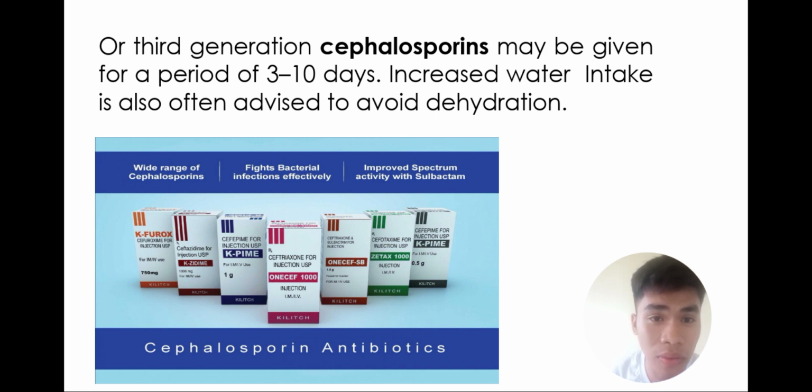Just look at the picture. It is a wide range of cephalosporins, fights bacterial infections effectively, and improves spectrum activity with sulbactam. It is the cephalosporin antibiotics. I think it is one of the right antibiotics to take if we have urinary tract infections.